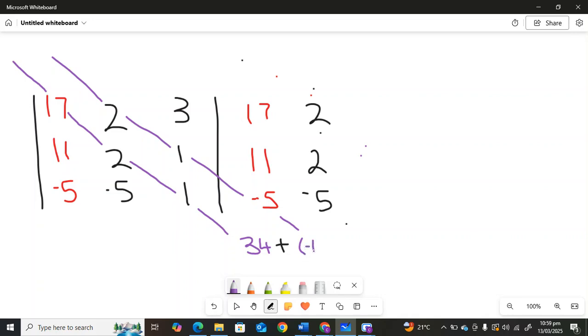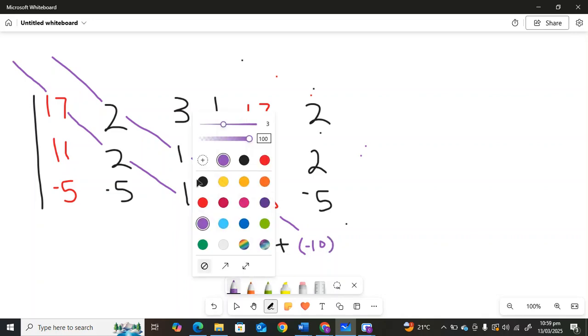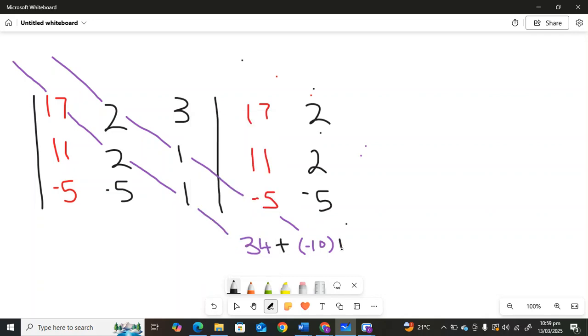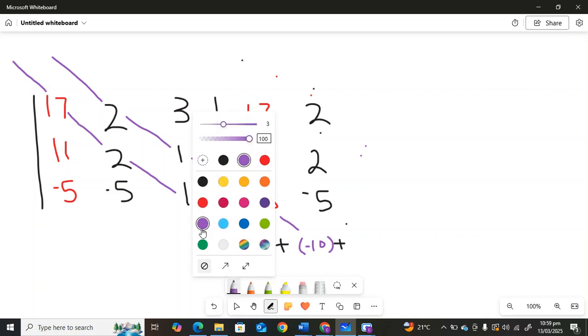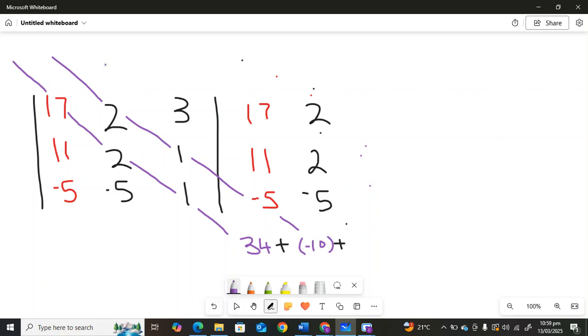Plus 3 times 11, 33. 33 times 5, negative 165.